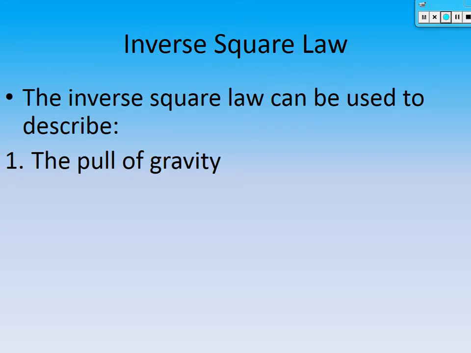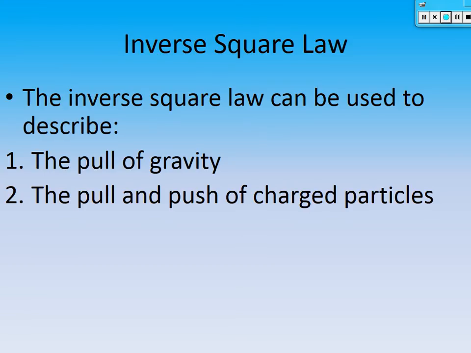It can be used for the pull of gravity. Gravity either increases or decreases based on the inverse square law. The push or pull of charged particles, so how an electron pushes on another electron, or the force between a proton and an electron, follows the inverse square law. We'll cover that in the second half of this chapter.